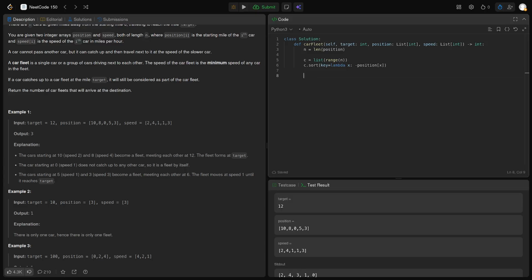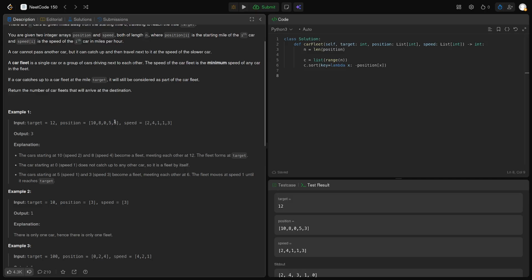We care only about the fleets, not when they come, so that's good. So what I'm thinking is, let's say we start with the last car, and then its speed will be whatever, right? And then I check this guy, because he's at 8, his speed is 4. So technically he will arrive at the same time. So I put him into the fleet because his arrival is less than or equal to the current arrival, right? Then I pick 5. And now 5's arrival is at time 7, right?